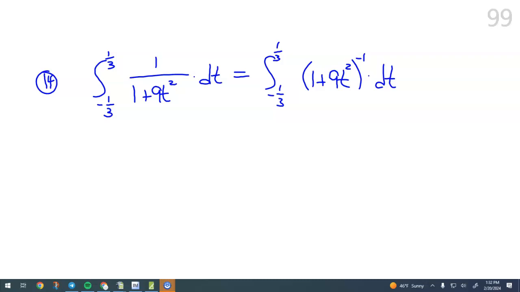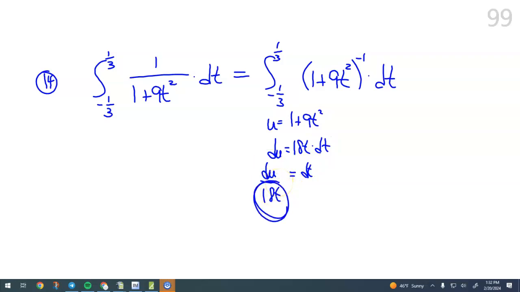So if we follow through that, let's say u equals 1 plus 9t squared. Du would equal 18t times dt. So dt is going to be du over 18t. That's the problem. Is there anything that's going to cancel with that? There's not. So it's not going to work. So u substitution in this case does not work because this has nothing to cancel.